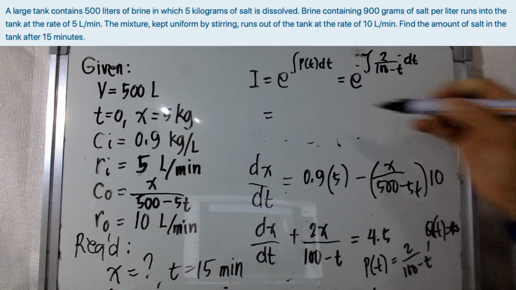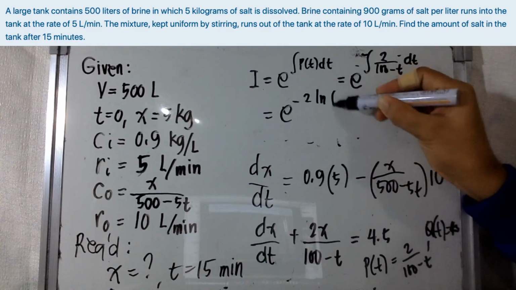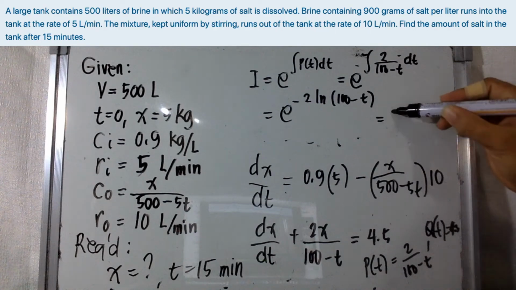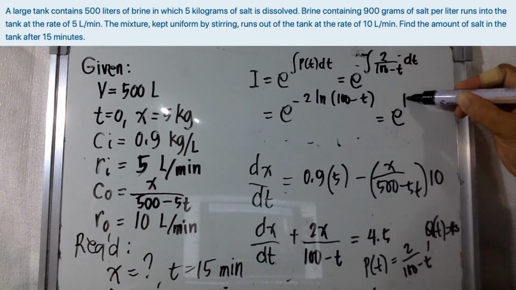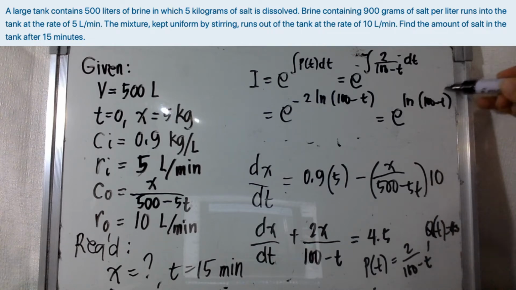So this will be what? e raised to negative 2 ln of 100 minus t. And then we simplify: e raised to ln of 100 minus t raised to negative 2.